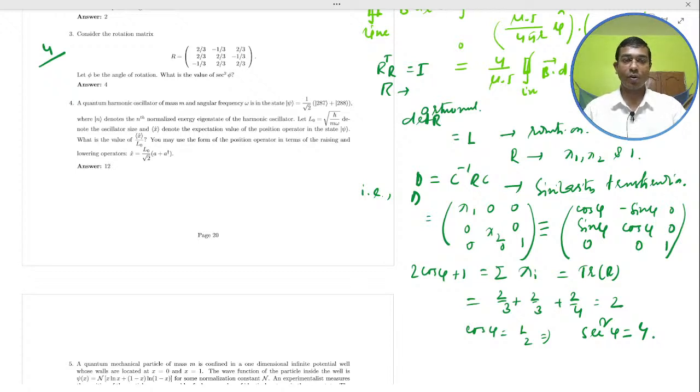You may use the form of the position operator in terms of the raising and lowering operators: X cap equal to L naught by square root 2, a plus a dagger. This is the operator form you may use.